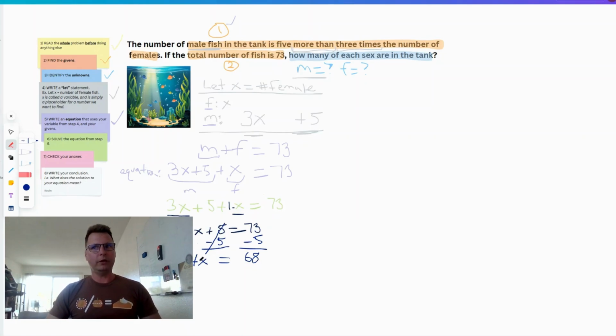So to undo that, just like plus and minus are opposites, what's the opposite of multiplication? Division, right? So to get x by itself, let's divide both sides by 4. The 4's cancel out, and we're left with x equals, what's that, 17?